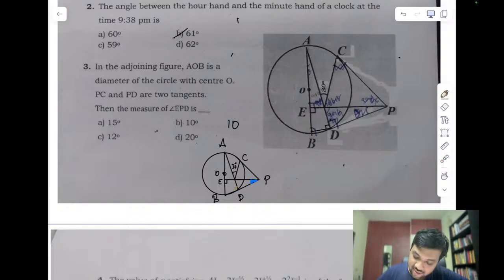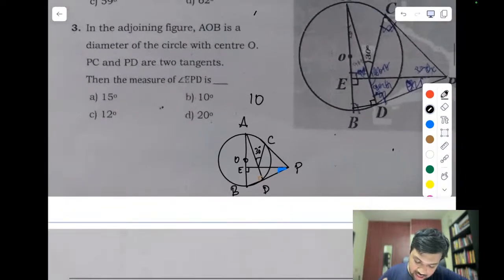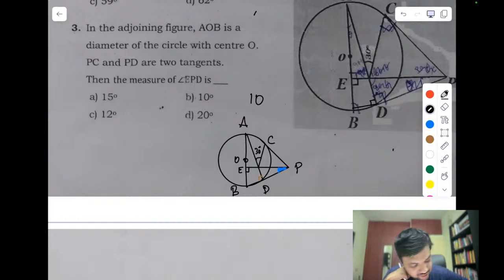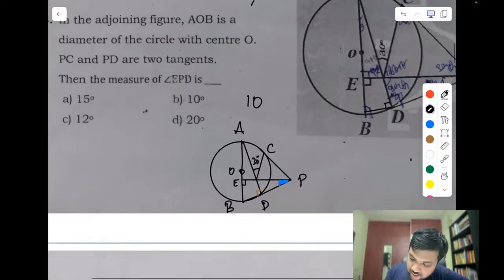Let's look at the question. Well, if you were allowed a compass and a ruler, then you could have actually measured. Right. Okay. So this problem most people found hard. All right. Let's see how to do this then.